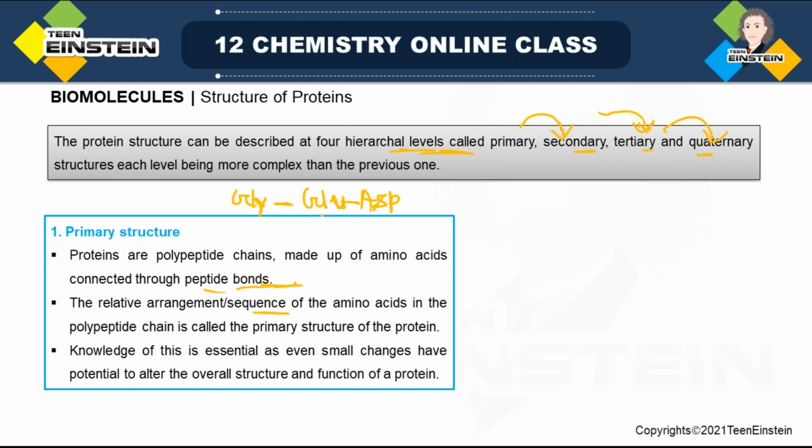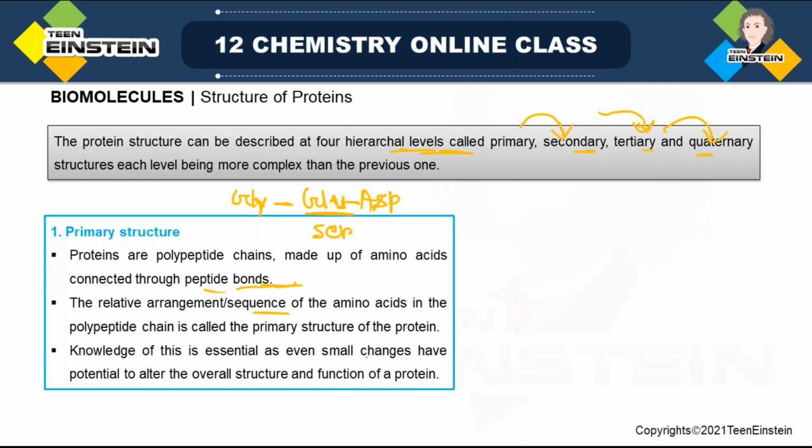Now suppose you change one amino acid, GLU, with some other amino acid, suppose serine. Obviously GLY-GLU-ASP and GLY-SER-ASP, these two are not the same, though this is very simple, this is a tripeptide. But suppose you take a protein which is very large, then this type of possibility is very high. That is, you are just changing one amino acid in between and the complete properties change.